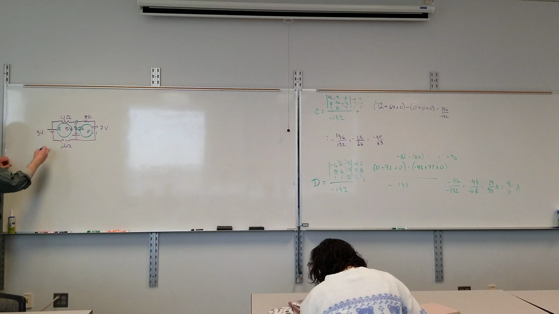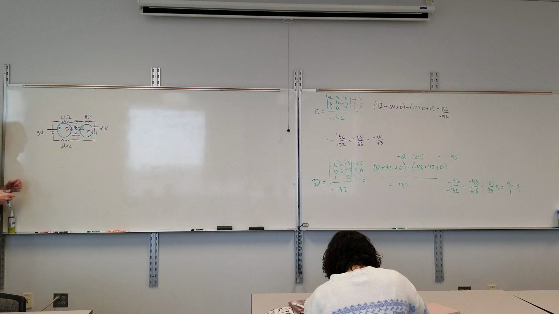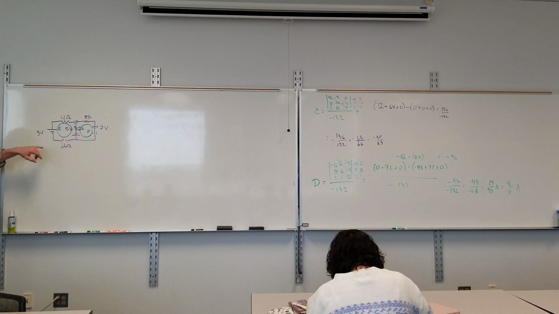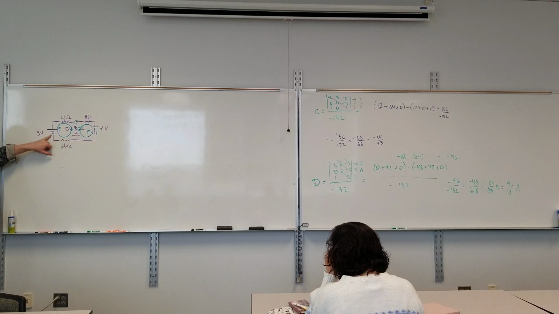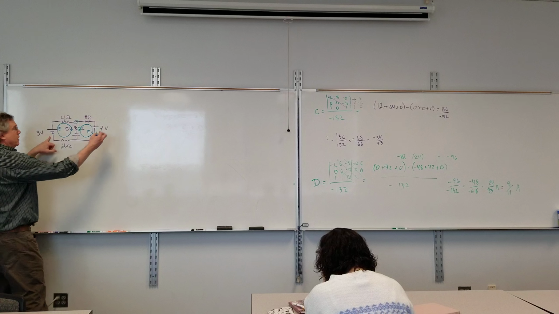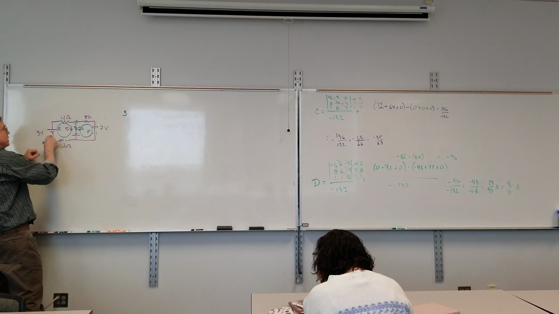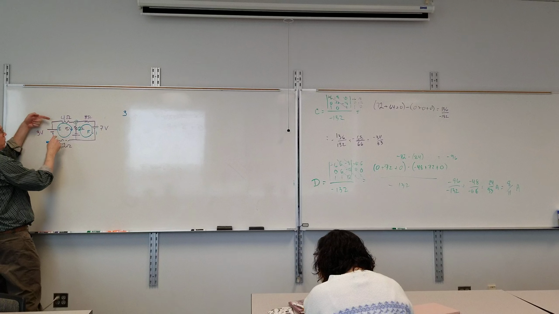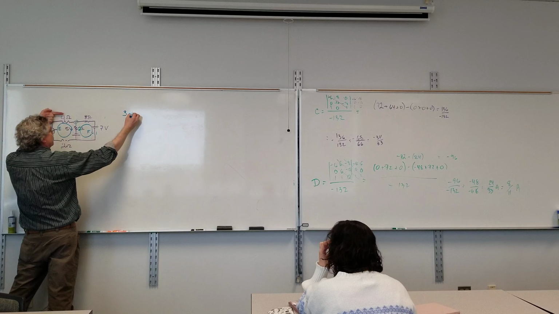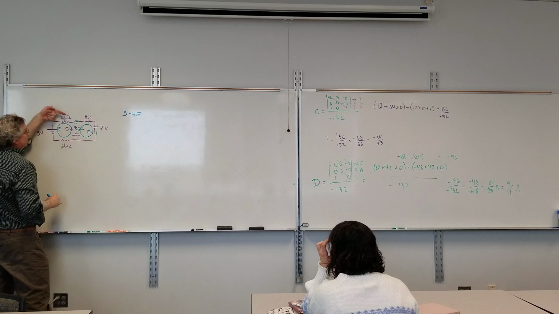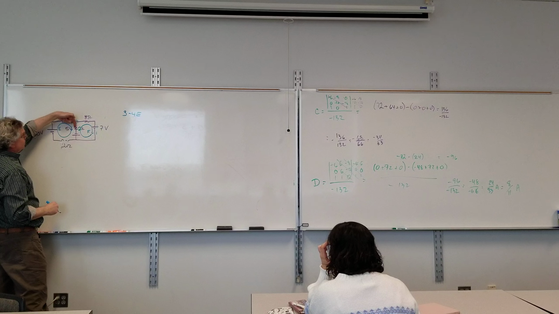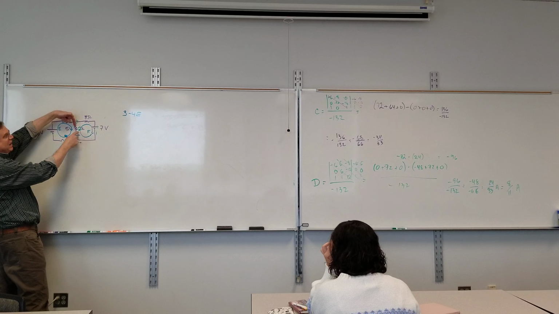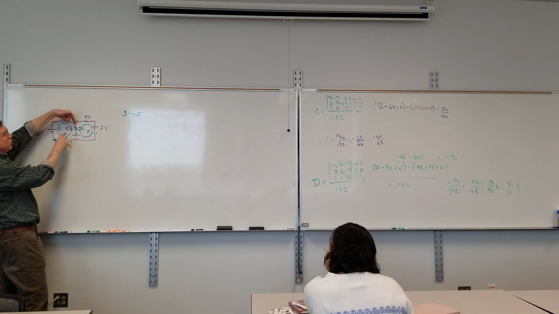All right, so I'm just gonna start here, just so that my first term is positive. I'm gonna go clockwise. I don't have to go in the same direction as my current loop. I start out gaining 3, because I'm going from the negative to the positive. Cruise along, going with the current, so minus 4E. Then coming down here, I'm going across the 6 ohm resistor, and I have current E and F both going across it.